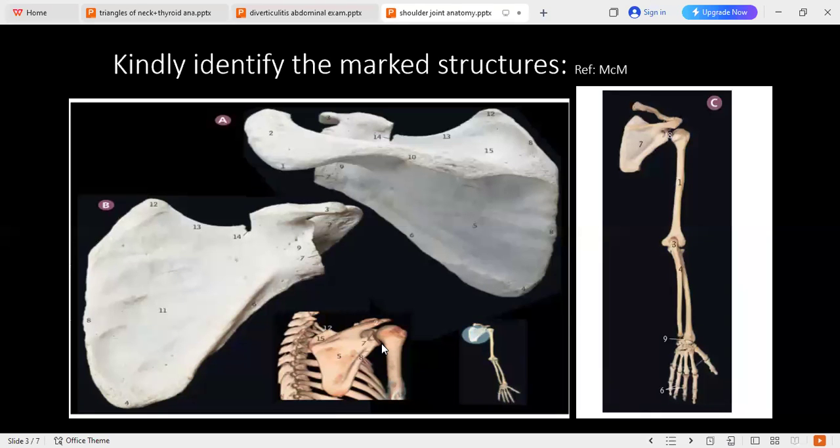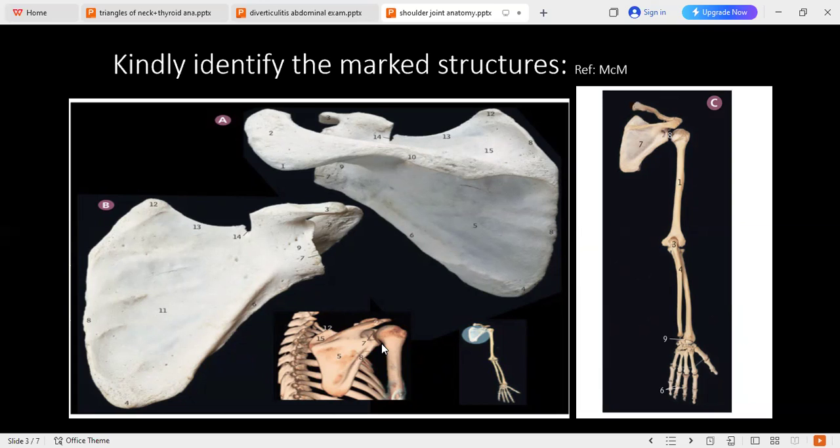Can you identify the coracoid process in picture A or picture B? In B, number 3. Now 14 in A. Number 3, coracoid process.